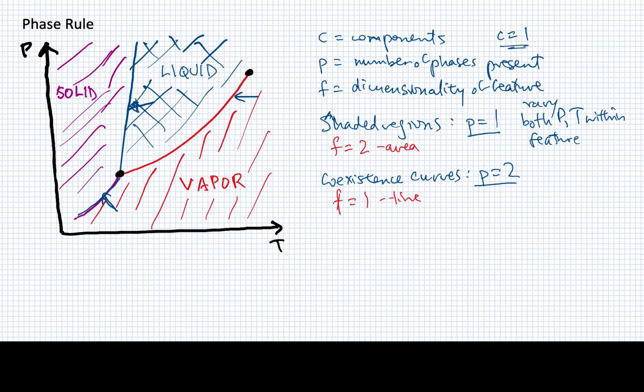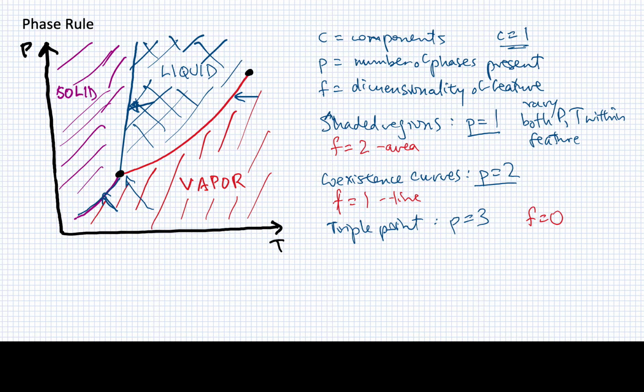Finally, and there aren't very many examples of this, but on the triple point, it is a single point. Right here is the triple point. And the triple point has a total of 3 different phases associated with it. And since it has a dimensionality of 0, that means that the number of degrees of freedom, or dimensionality of that, is equal to 0.